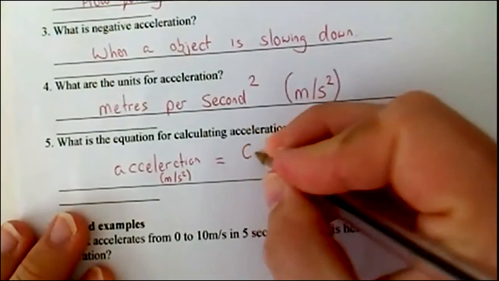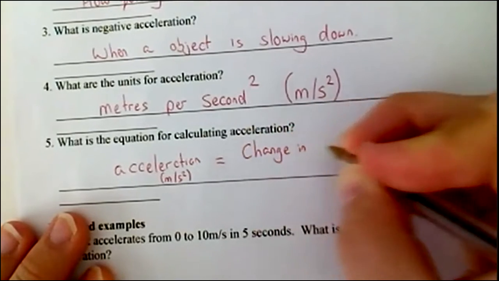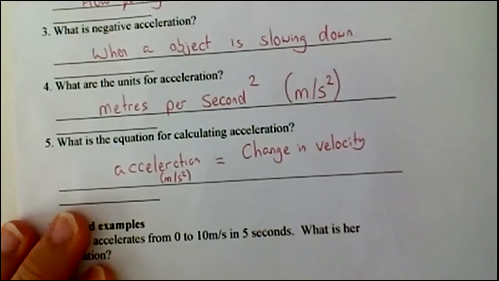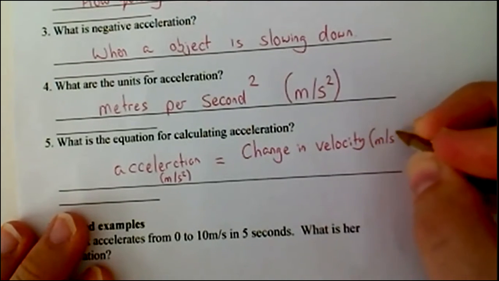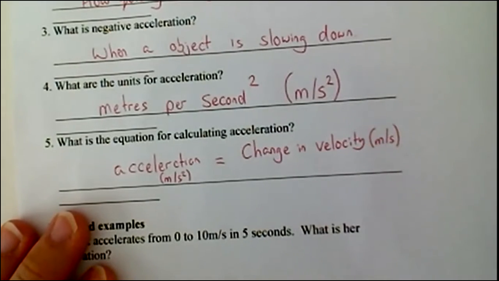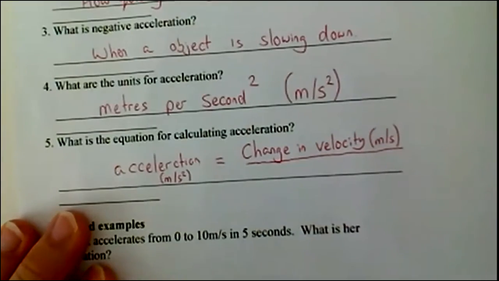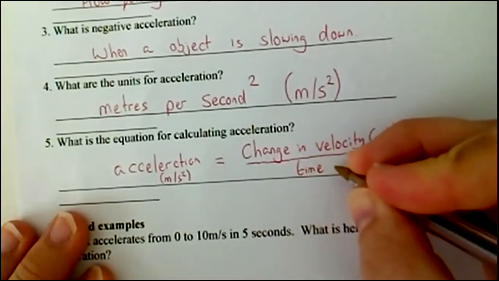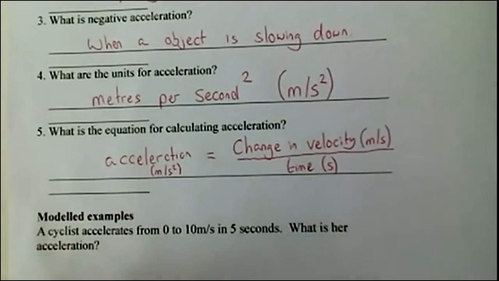The first thing is the change in velocity. And we know that that is just speed. So the unit is meters per second. And we need to know also how long that change took. So time for that change to happen, and time, as we know, is measured in seconds. That is the equation you need to know.